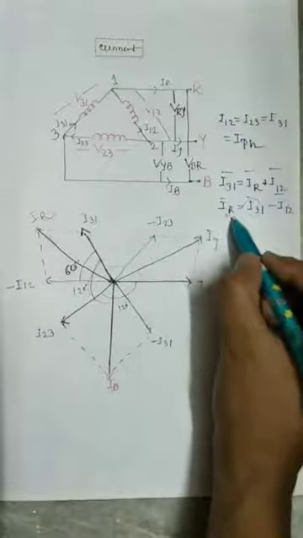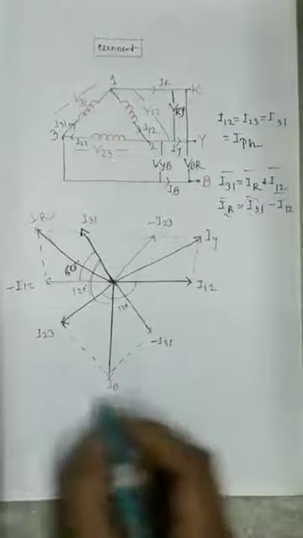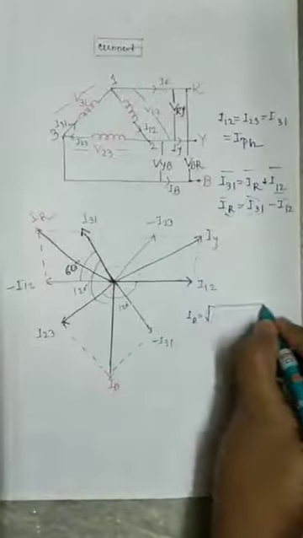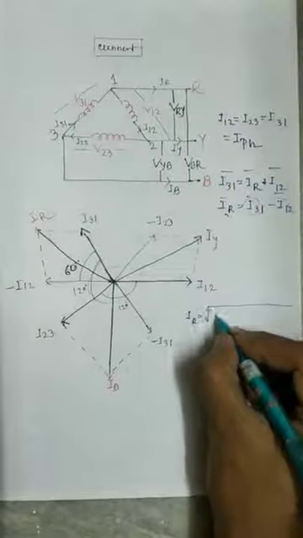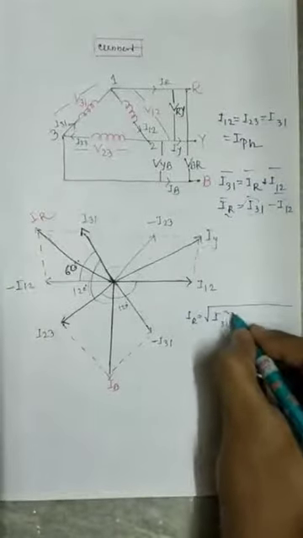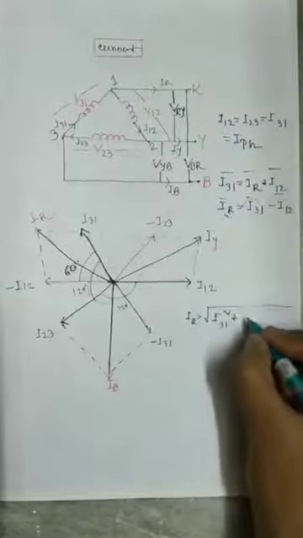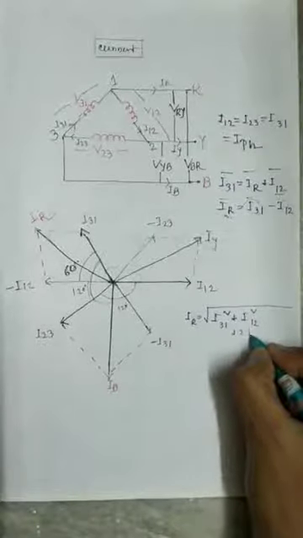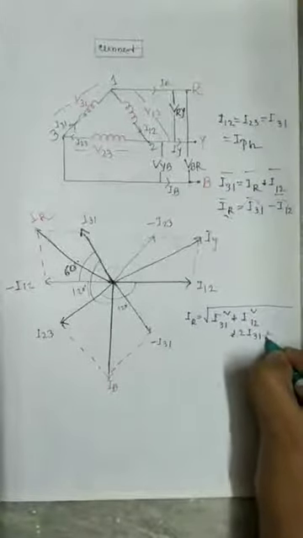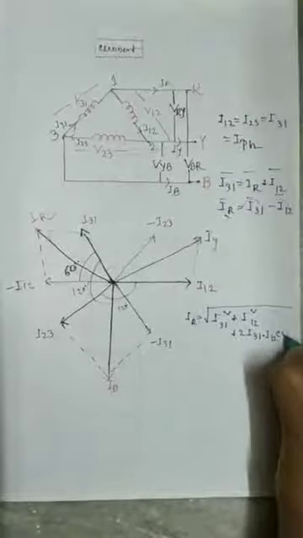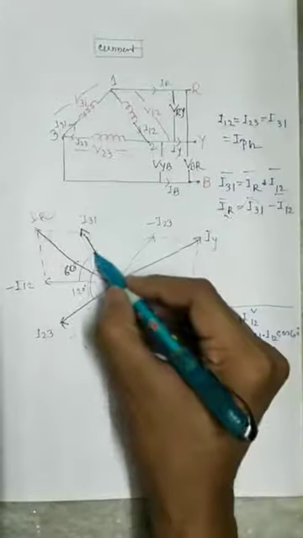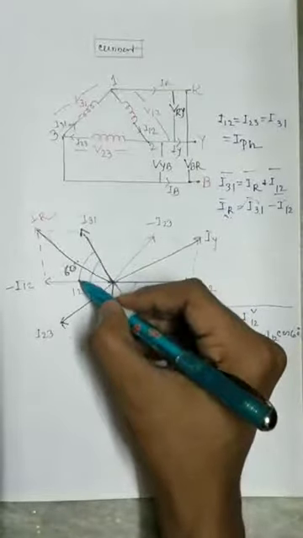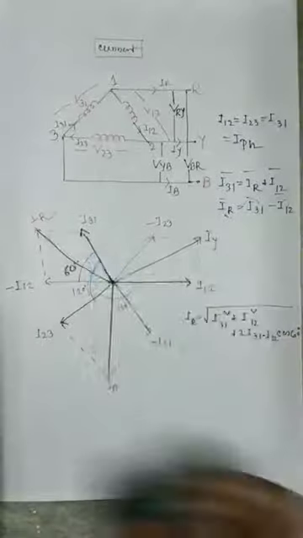Now from here, IR equals root over I31 square plus I12 square plus 2 I31 I12 cos 60 degrees, because these two have a phase difference of 60 degrees electrical angle.